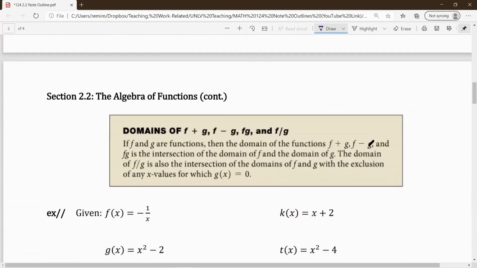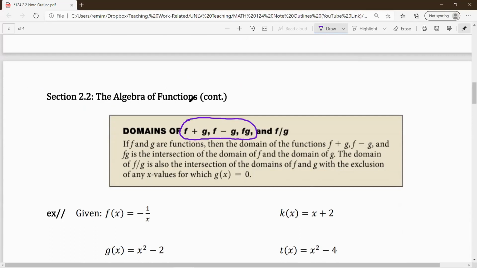So far on page 1, all we did was we took two functions and combined them somehow, either adding or subtracting or multiplying or dividing them. Now, instead of doing just that, we're actually going to find the domain of these combinations of functions.